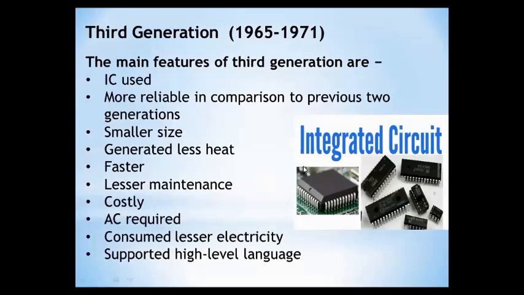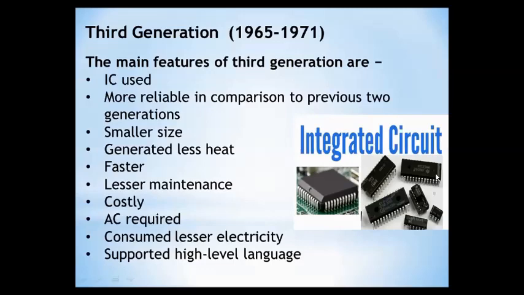During third generation, the transistors got replaced by integrated circuits, the IC chips. The IC chips were very small in size and they could replace thousands of transistors. So obviously the size of the computer became much smaller. The computers became very much faster.